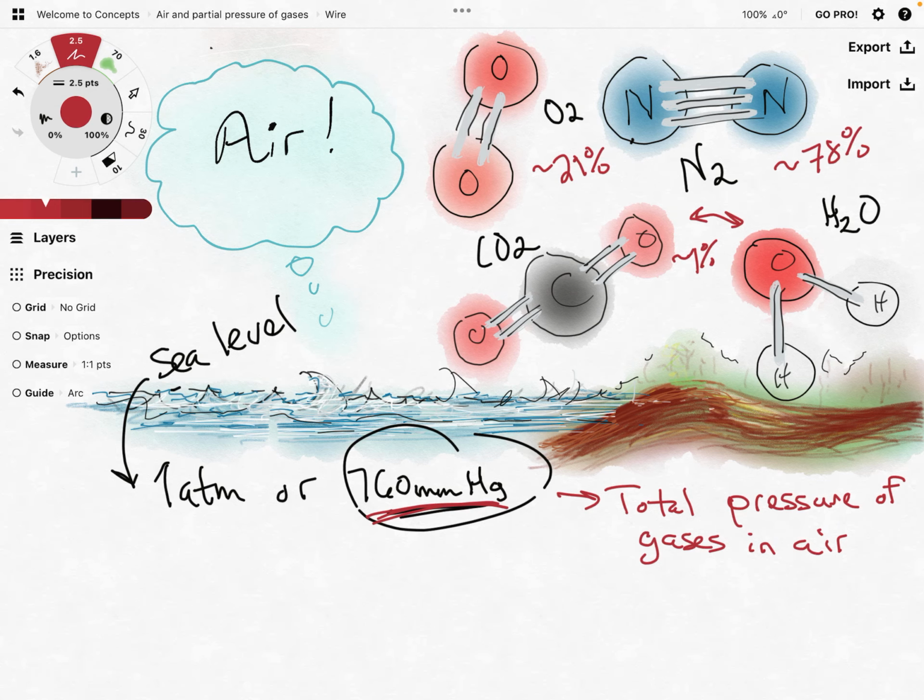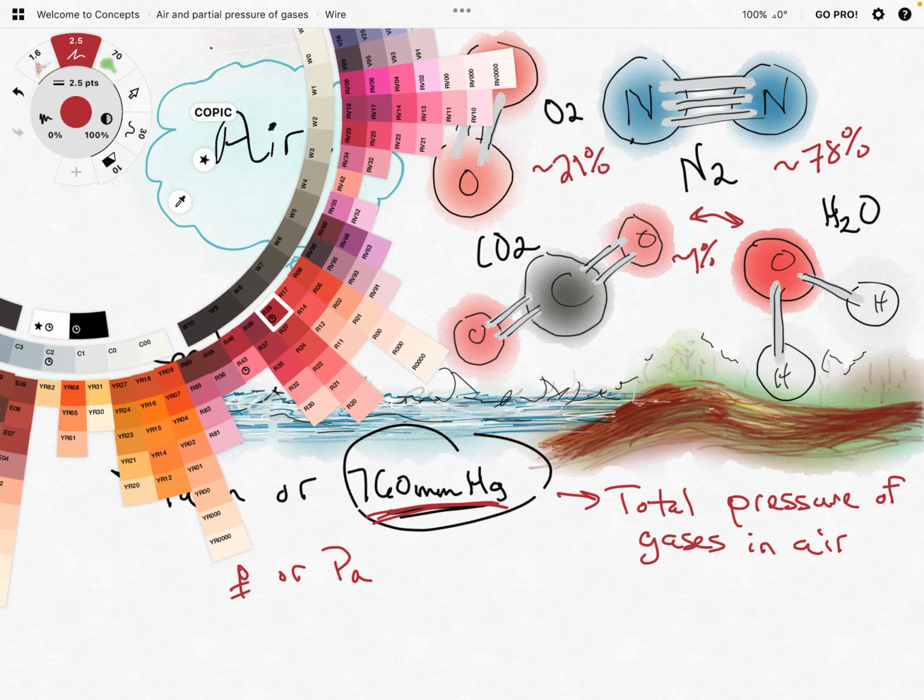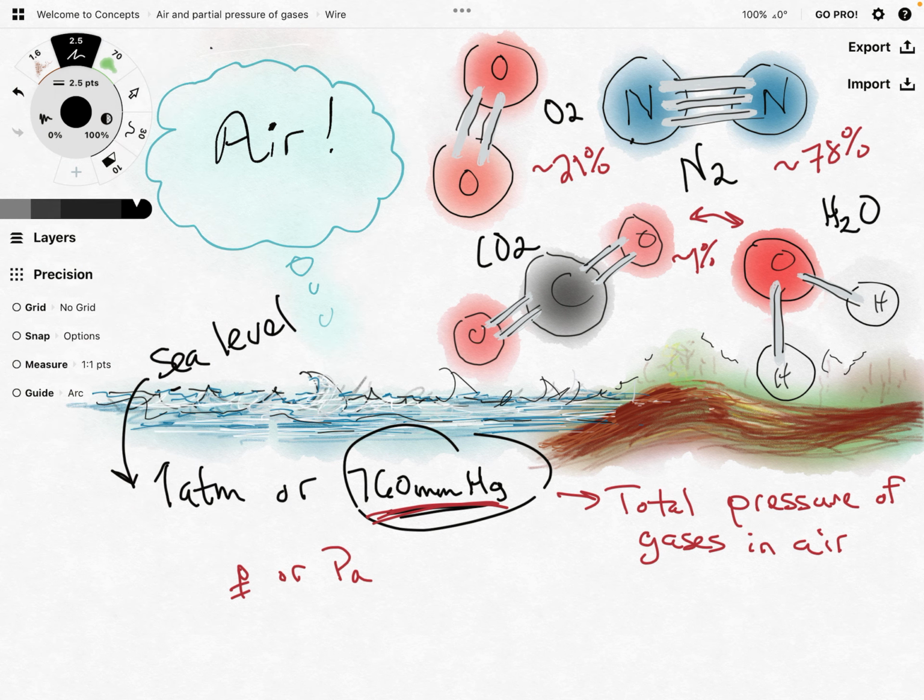If you added all these numbers together, you would get the 760 millimeters of mercury. So they're typically represented as partial pressures, often denoted as a P, or sometimes a big P with a little a for partial. I'm going to stick with the little p here because I think that'll be easier than writing it all out.